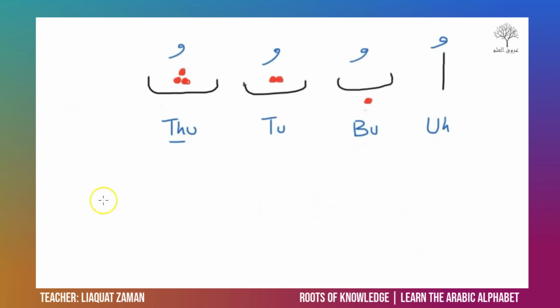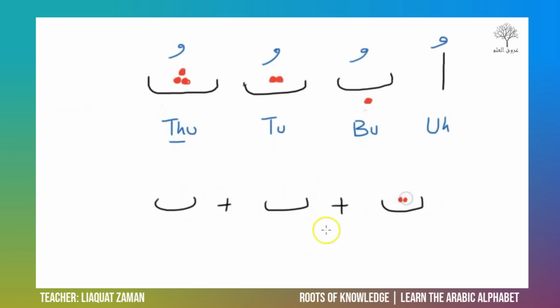Okay, so let's have a go at merging a few of the letters together. Let's say we have this. Let's say it's two dots there. It's going to be this one here. And let's say there's one dot there.